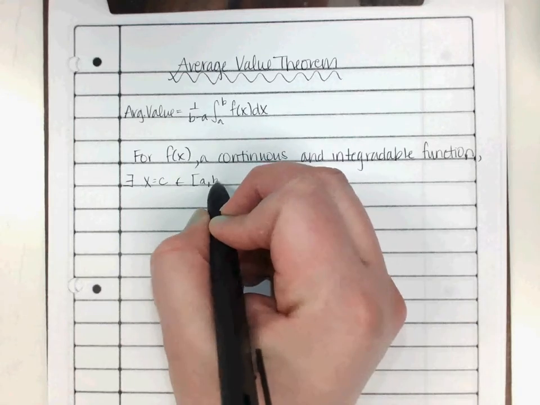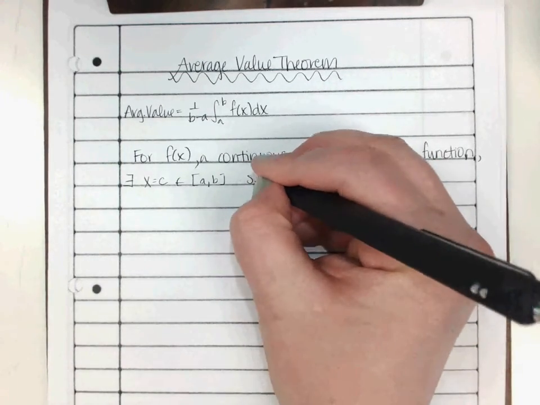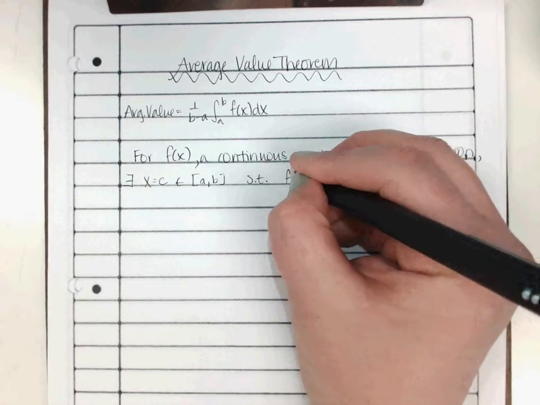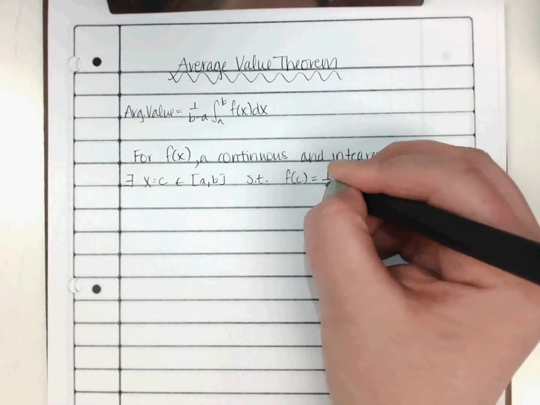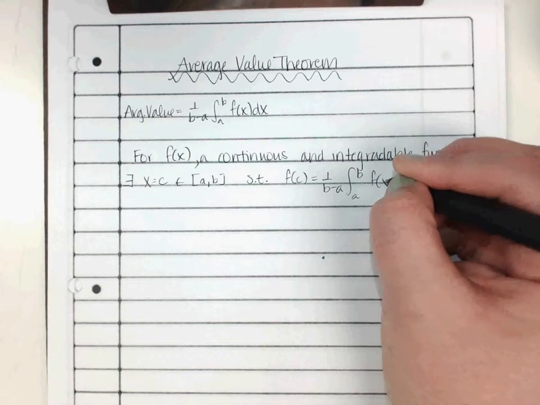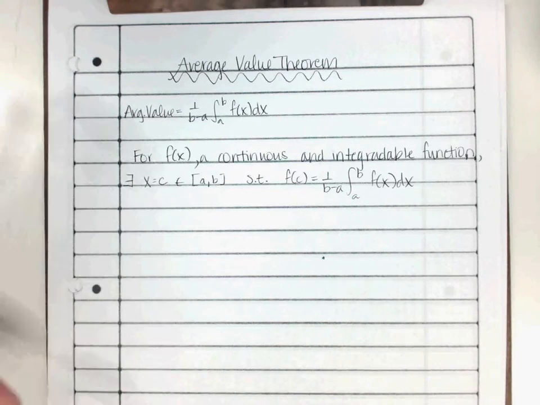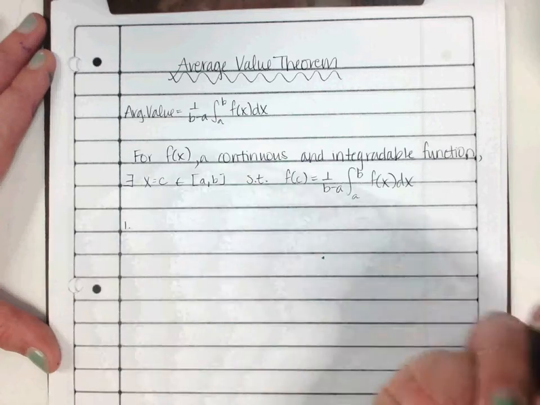It can be an endpoint for this theorem, such that f of c is equal to that average. Okay? So write that down, and then we're going to do one example of that.